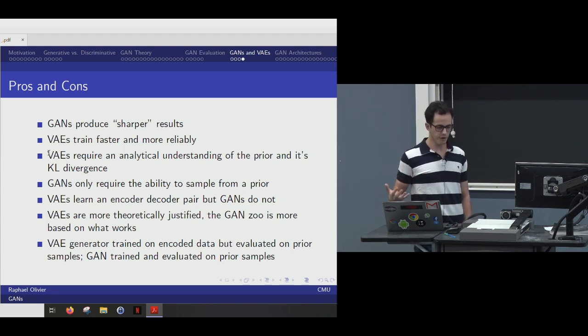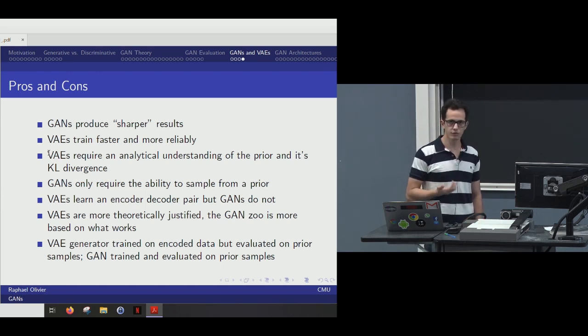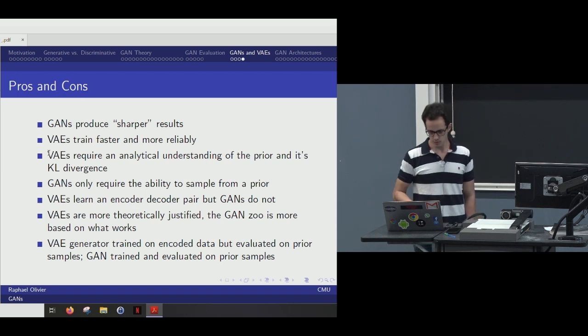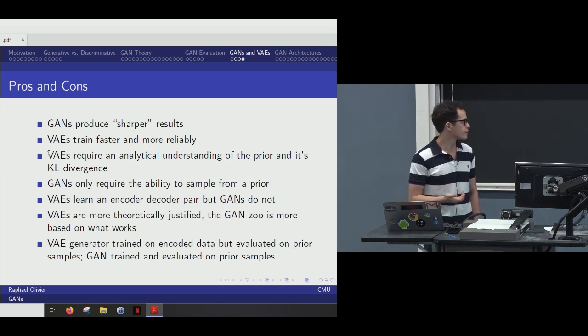So you have the ability to go both ways. VAEs are also a bit more theoretically justified, and it's very clear in the VAE to what extent it's going to work and to what extent it's not. And in GANs, it's more of a zoo of models where you pick whatever you can think of and you see what works.